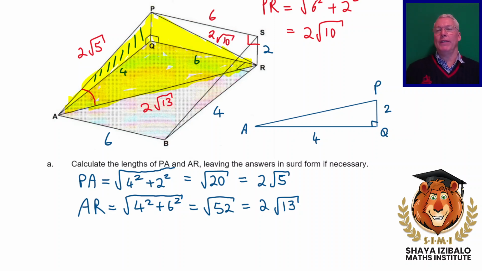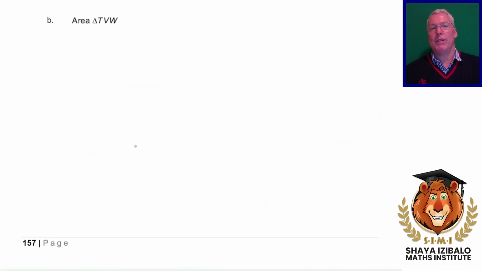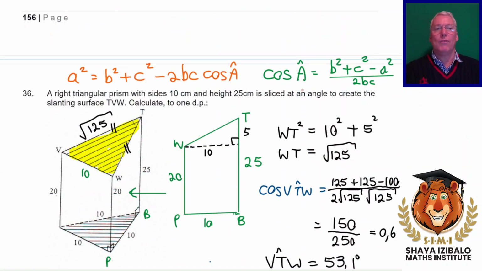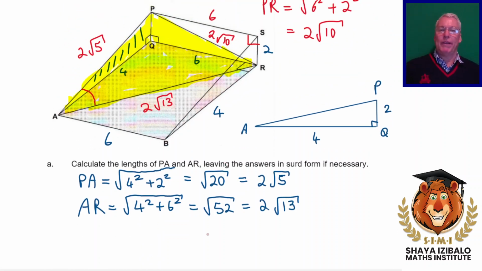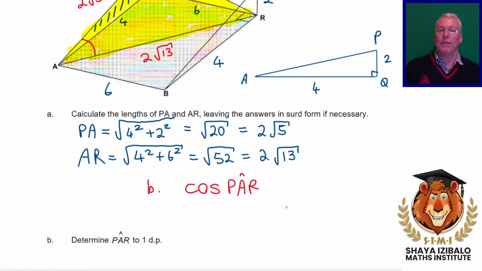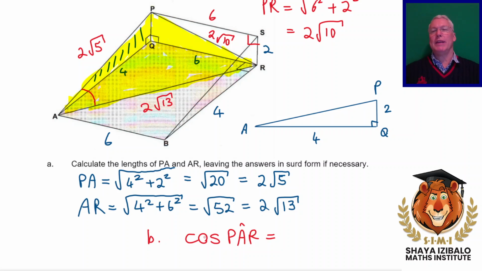Now the angle we're trying to find is there, and you may remember from previously this rearranged form of the cos rule, so I'm going to say it in words. The cos of this angle PAR, just checking that we've got the right angle, yes we have, is going to be the two sides that make that angle squared. So we're going to take our 2 root 5, it's more helpful to take the square root of 20, and we're going to square that.